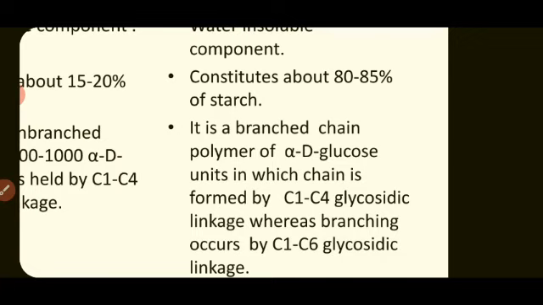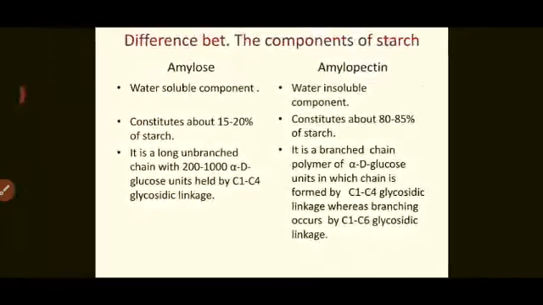Means C1 of one glucose molecule is linked with C6 of another glucose molecule in branching. So this is how the difference is given. Three points are given, so this question can be asked for 2 or 3 marks. Note down the points and write them.